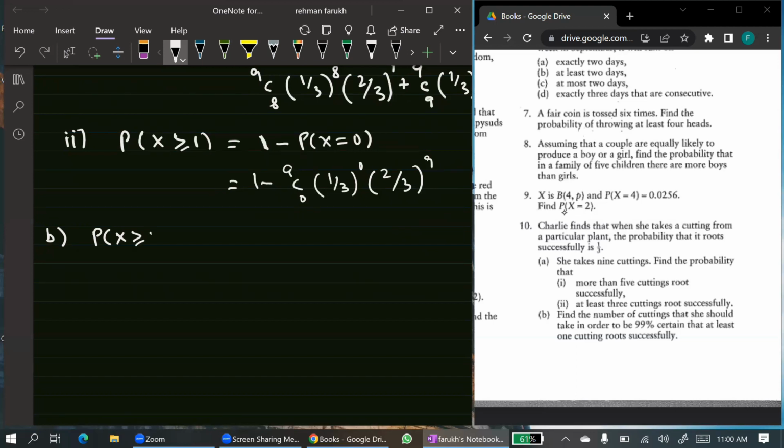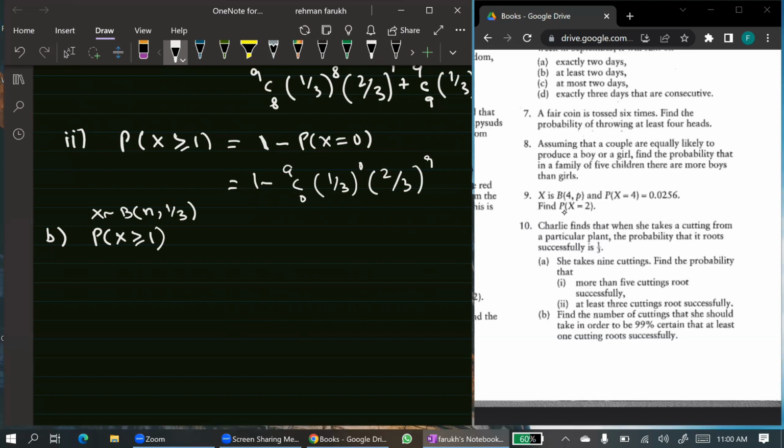Probability of at least one is probability of x is greater than equal to 1. Now, in this case, we will write down the definition first. X is a binomial distribution, n is unknown, while the probability of success is given, that is 1 by 3. He should be 99% certain, that is the probability is 99%.